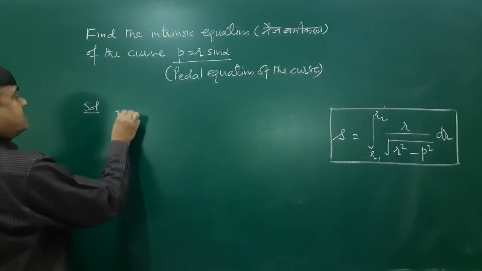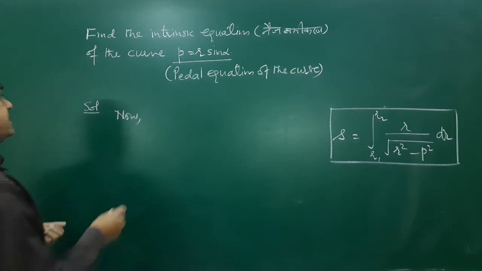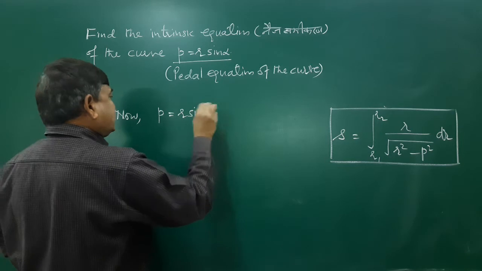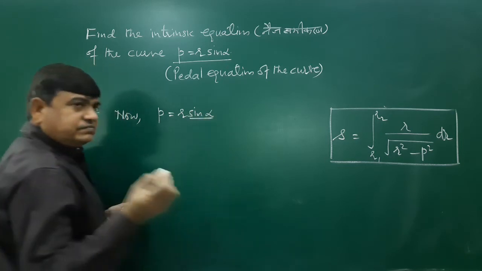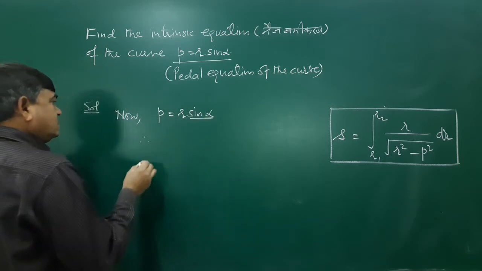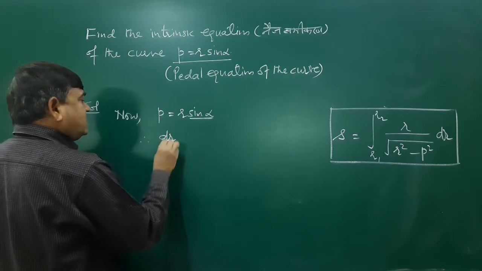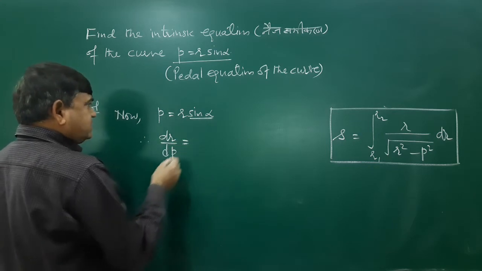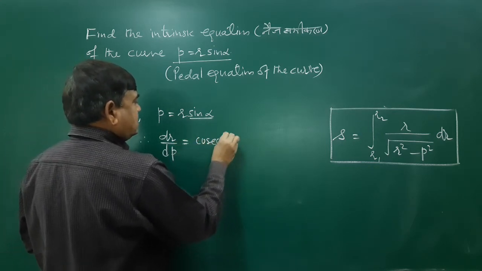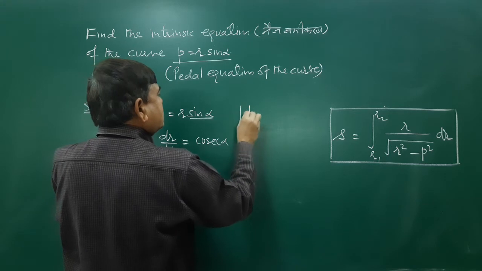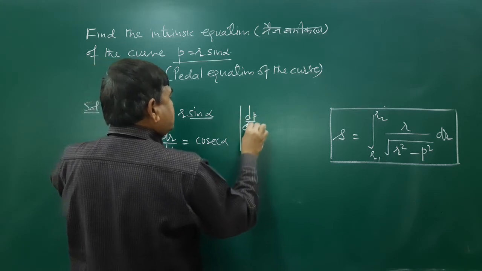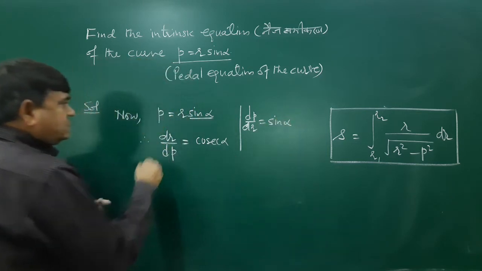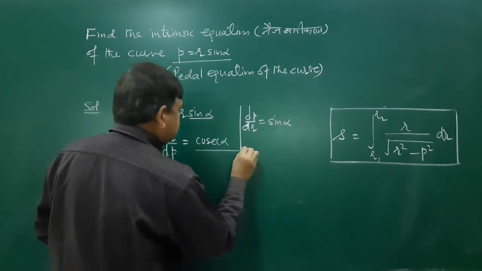Now p equals r sin alpha. This is a constant, remember. Therefore, differentiating with respect to p, dr by dp is cosec alpha... dp by dr is sin alpha, so dr by dp will be cos alpha.